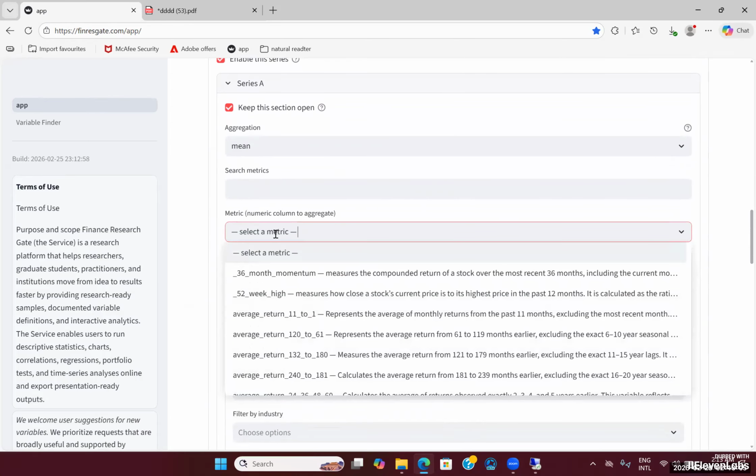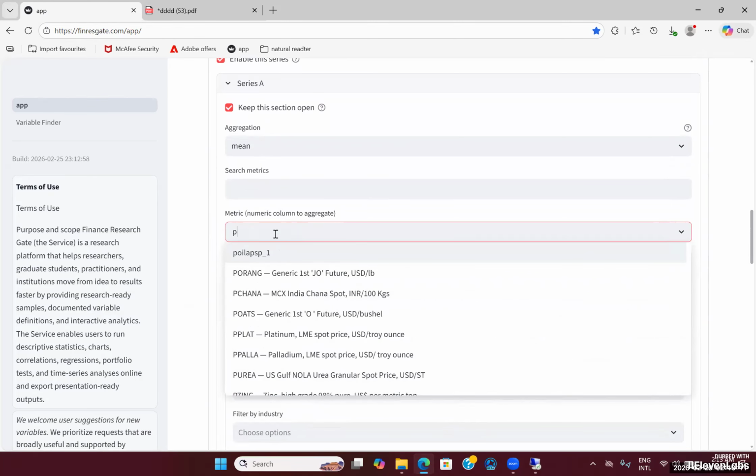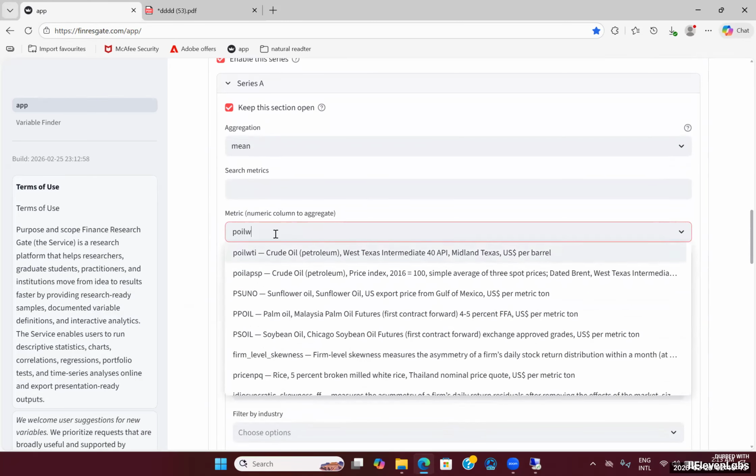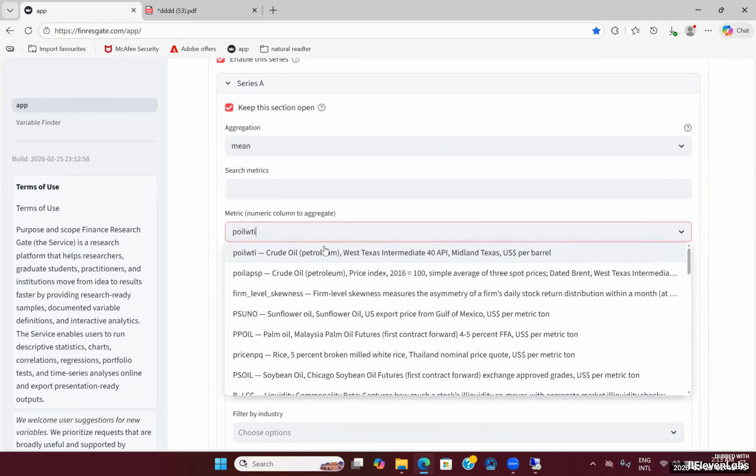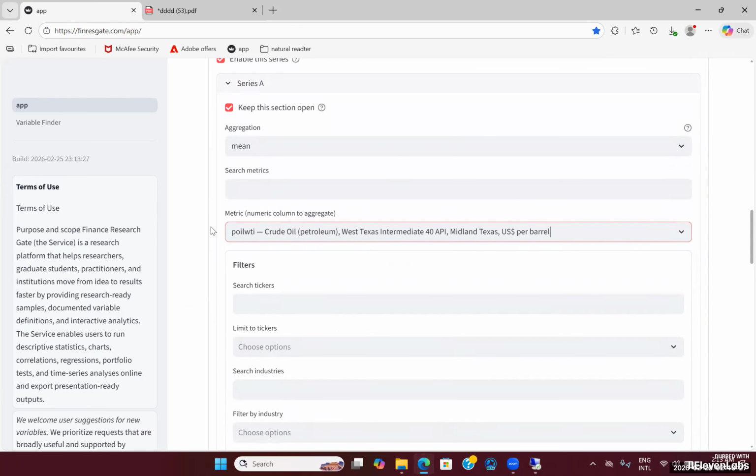The variable that we have decided to select for our analysis is the oil price. Let's consider the price of West Texas Intermediate crude oil, which is a key benchmark. The API gravity measurement here reflects the density, showing how heavy or light the oil is. So, this metric serves as a very reliable benchmark for crude oil.